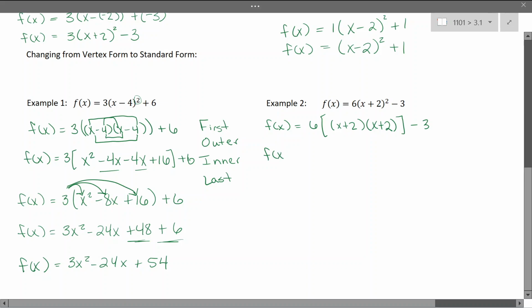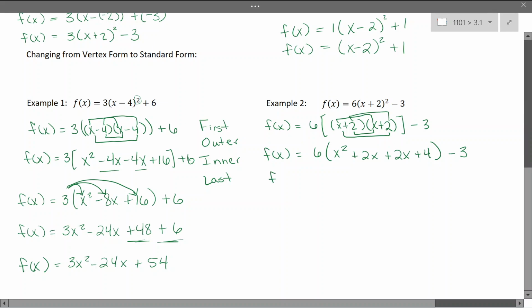So we get f of x equals 6 times our first is x squared, our outer is plus 2x, our inner is plus 2x, and our last is going to be plus 4. And don't forget your minus 3.